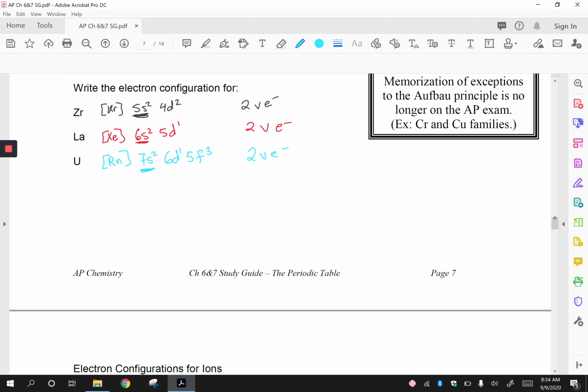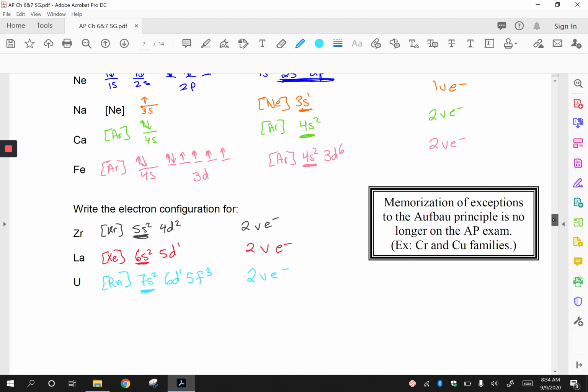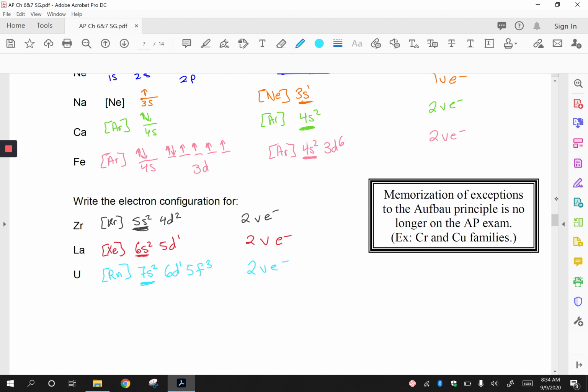So you'll notice that the transition metals and the inner transition metals seem to all have 2 valence electrons, right? Like iron and zirconium and lanthanum and uranium. The reason for that is the s sublevel is always going to be higher in energy than the d's or the f's, right? Because remember, d's are 1 less and f is 2 less.